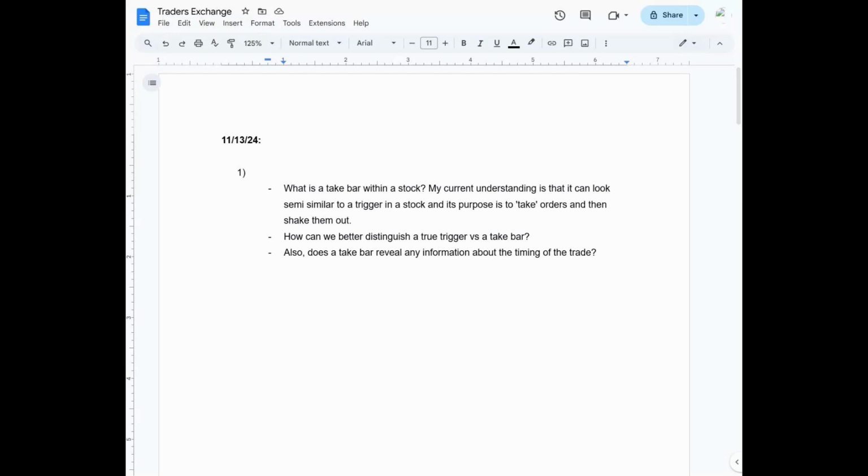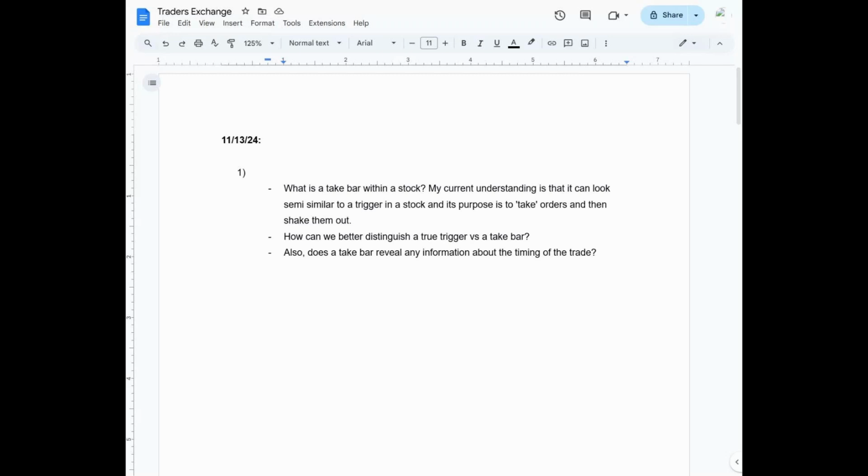Okay, so a take bar, in essence, quite simply, is a market maker, and the reason it's a market maker is because you're going to have a significant amount of capital in order to acquire a bunch of shares at the same time, which is basically what a take bar is.